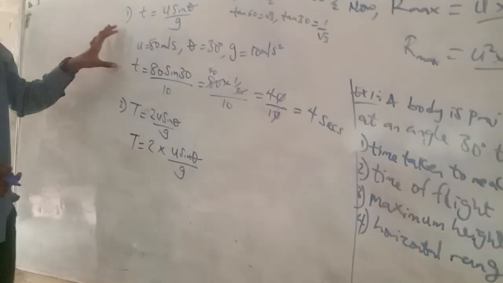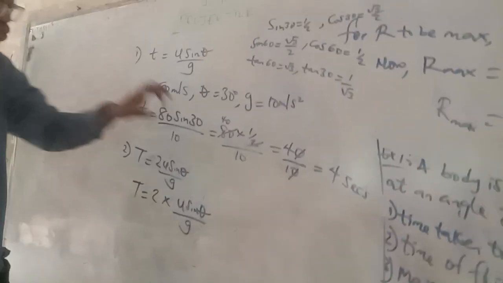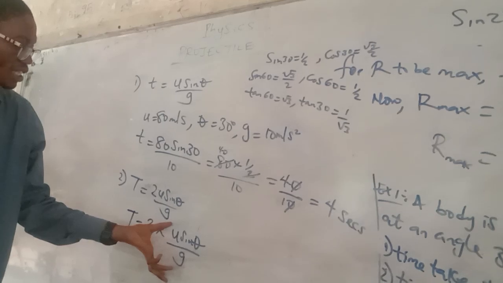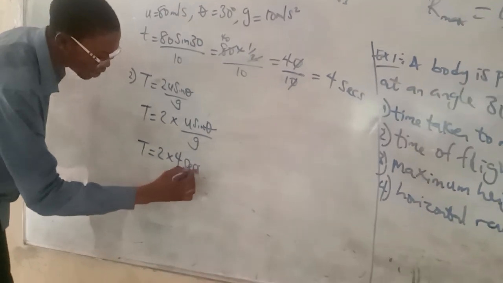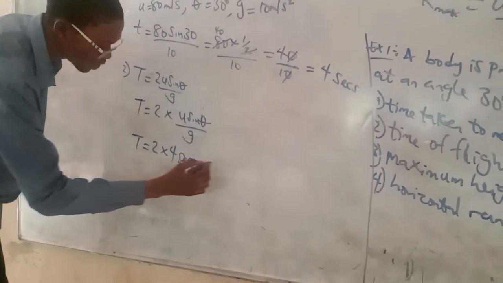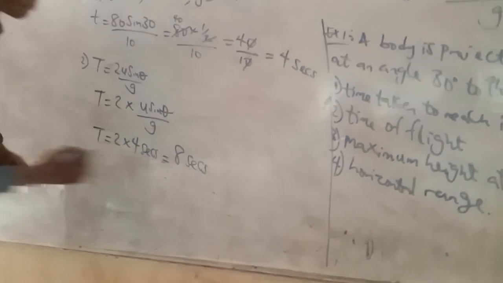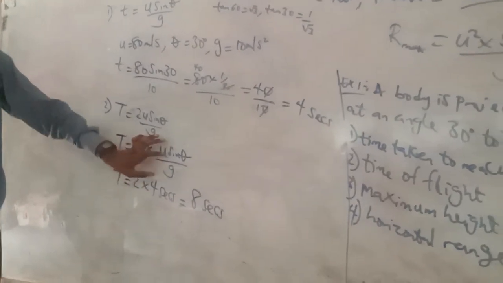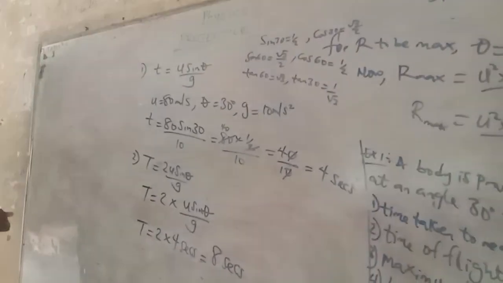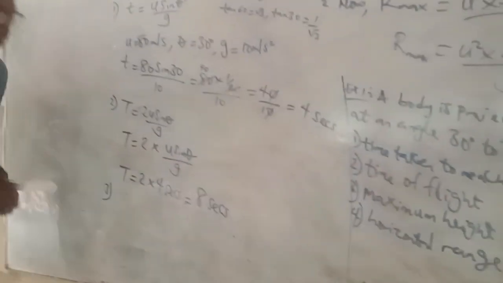And we have already gotten this. If you look at our first solution, we have gotten u sine theta over g as 4. So that is t equals 2 times 4 seconds. That is 8 seconds. We have gotten that without stress because we found this in our first solution.